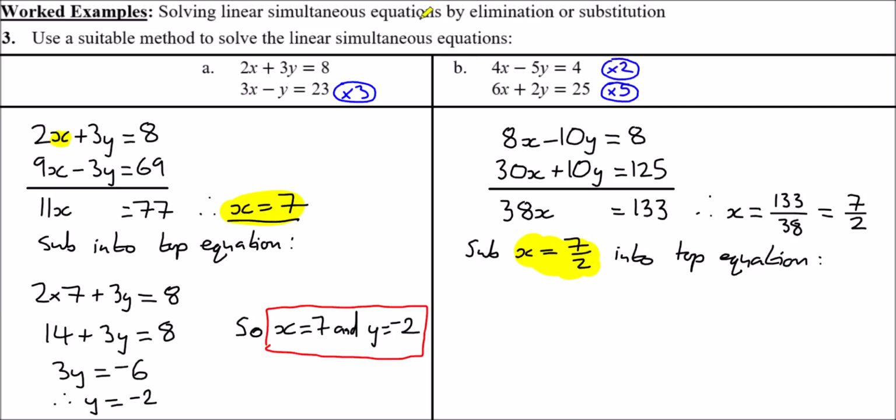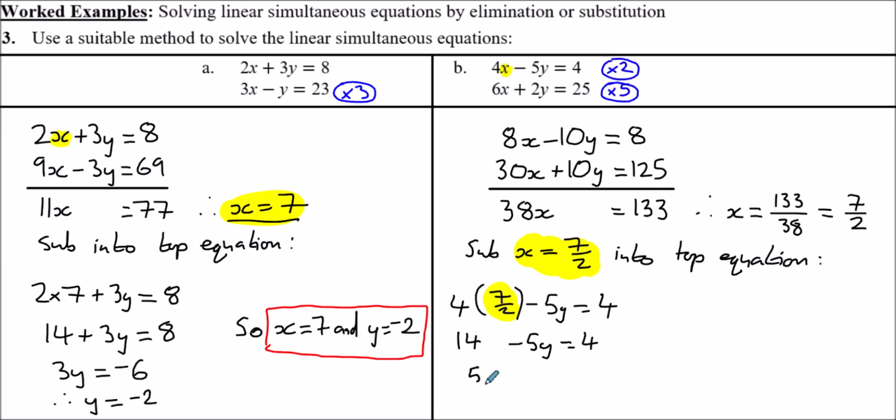So if x is 7 over 2, we get 4 times 7 over 2 minus 5y equals 4. Now 4 times 7 over 2, 4 times 3.5 is 14. So we get 14 minus 5y equals 4.